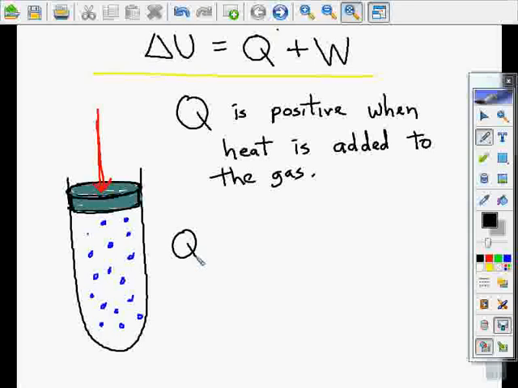On the other hand, if you have a gas sample that's giving off heat, maybe it's at a high temperature to begin with, and maybe it's a glass container, and it's actually cooling down, it's giving off the heat, then the Q would be negative.